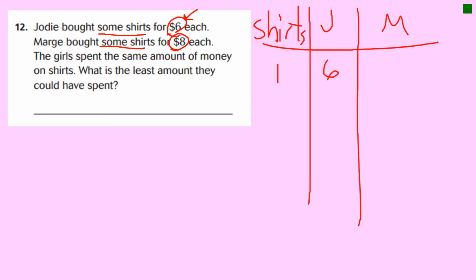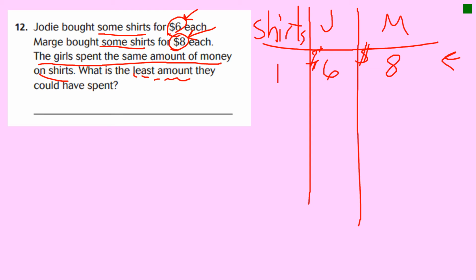If Marge buys one shirt, she spends $8. So what we need to find out is, since the girls spent the same amount of money on shirts, what is the least amount they could have spent? So is that the same amount of money? $6 and $8? No, that's different. That's two different amounts of money.